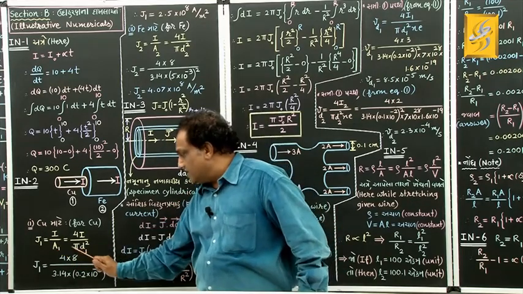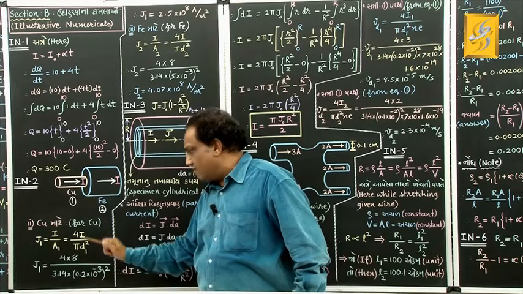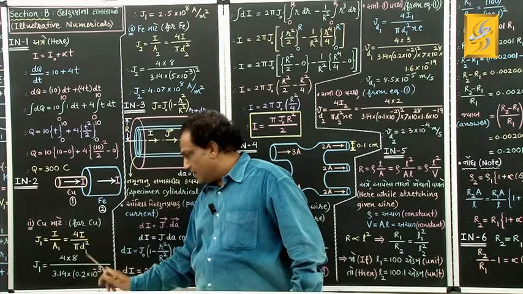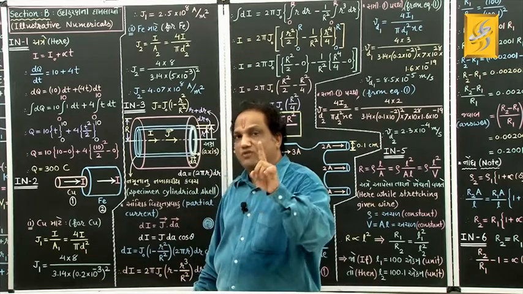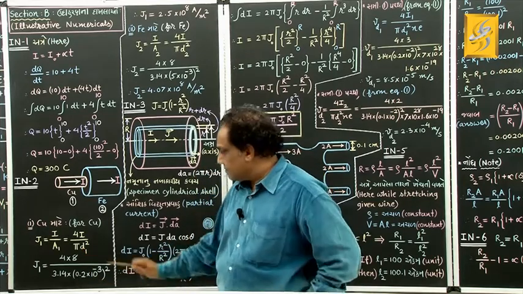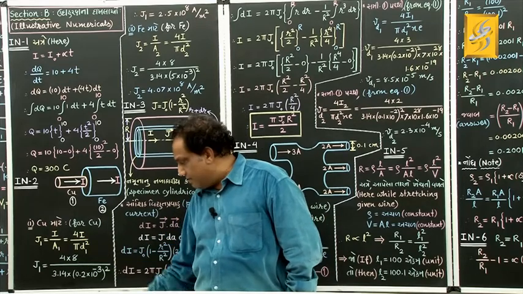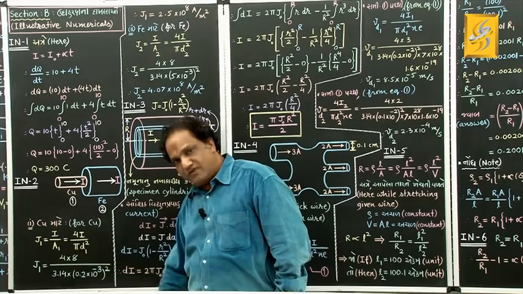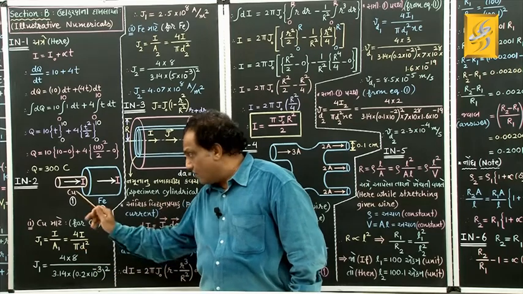So this A1 is pi d1 square upon 4. Denominator's denominator will become numerator, correct? And here I am writing d1, that is the diameter of the circular cross section of the first wire. Got it? 4 as it is. What about this current? They have given 8 ampere, pi value is 3.14. d1 is the diameter of the circular cross section of the copper wire.